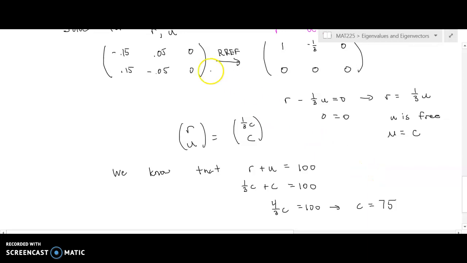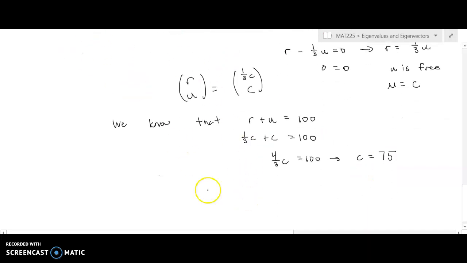And that already gives me a unique solution, which tells me that the RU vector for my particular steady state is going to be 1/3 of 75, which is 25, and C, which is 75, and we now have our steady state found mathematically without having to try to guess and check it.